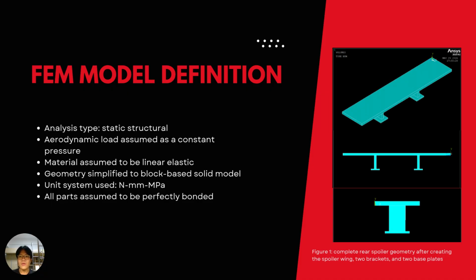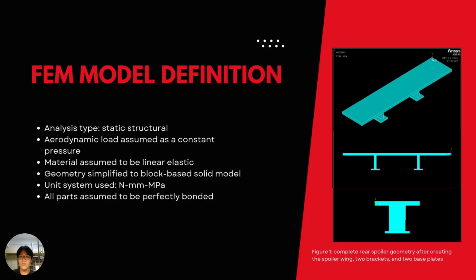Several assumptions were made to simplify the model. So first, the problem was treated as a static structural analysis, so the aerodynamic load was assumed to be constant. Second, the material was assumed to behave as linear elastic, which means it returns to its original shape after the load is removed, as long as the stress stays below yield.